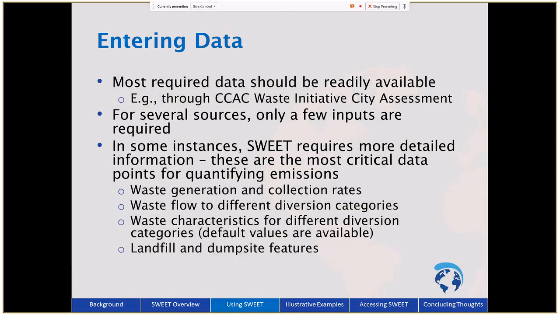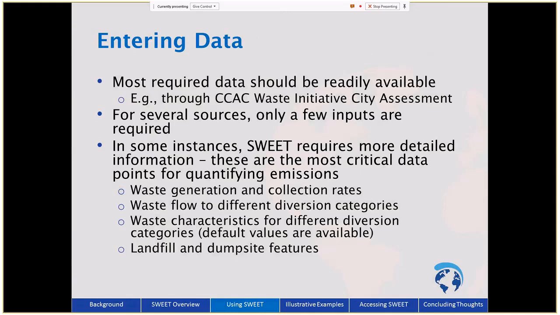But in some instances, the tool requires more detailed information, and that's in cases where the data are more critical for quantifying emissions. In these instances, we're looking at things like waste generation and collection rates. We ask several questions about how your waste is generated, or what your waste generation rates look like for different segments of your population, what the collection rates look like in the urban areas versus the suburban areas.